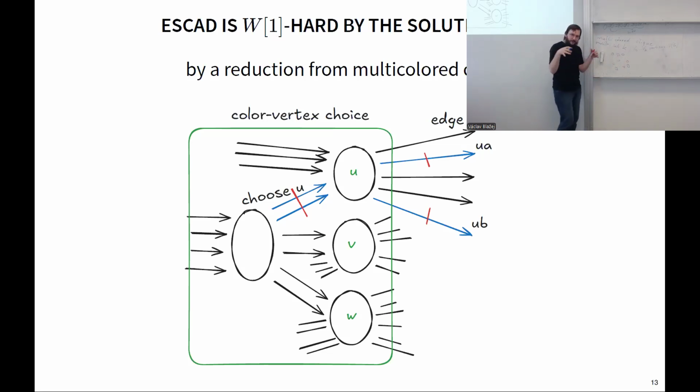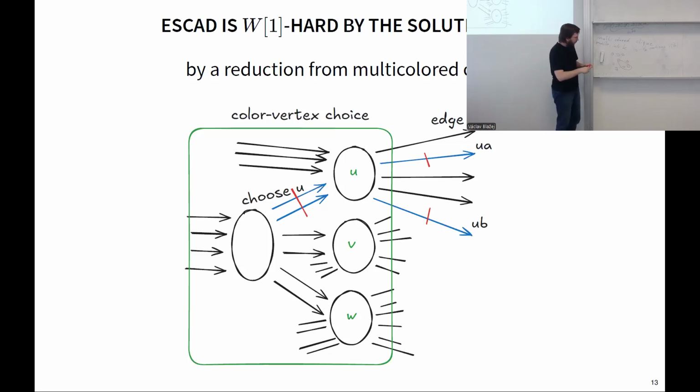And you have edges in the graph, of course, as before. Your task is to find a clique on K vertices such that it contains exactly 1 vertex from each color. So you would find these 3: a square, blue, and red, and they are all pairwise connected.